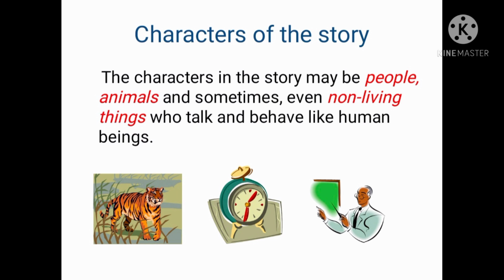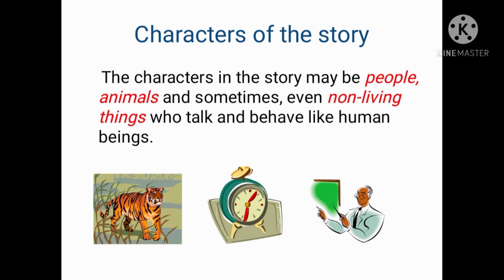Now let's have a clear idea about the characters of the story. The characters in the story may be people, animals, and sometimes even non-living things like clocks, walls, doors, keyboards, which talk and behave like human beings. By introducing these characters, we make our story more interesting and more engaging.